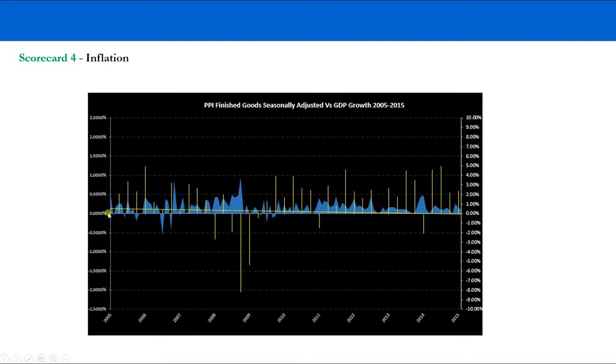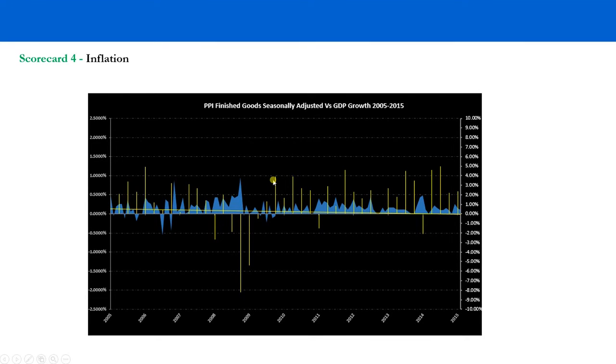So we can basically see zero inflation is generally associated with zero GDP growth. 0.5% is generally associated with 2%, 0.25% with 1%, and if we go even higher, 1% is generally associated with 4%. So when we get higher levels here, with a time lag, we tend to get higher levels of growth.